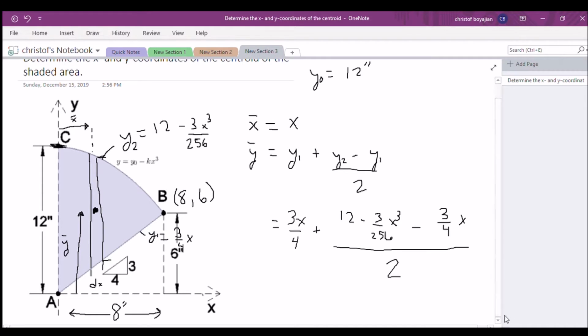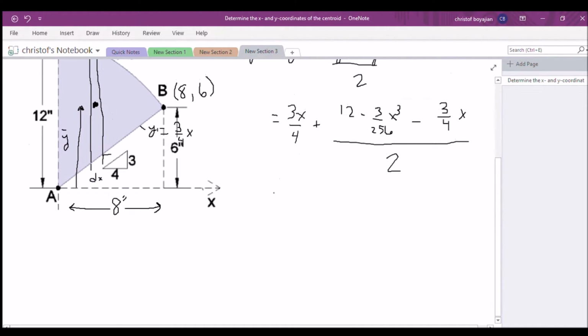All right. Now let's go ahead and simplify this. We can combine like terms here with this 3/4 x and this negative 3/4 x divided by 2.